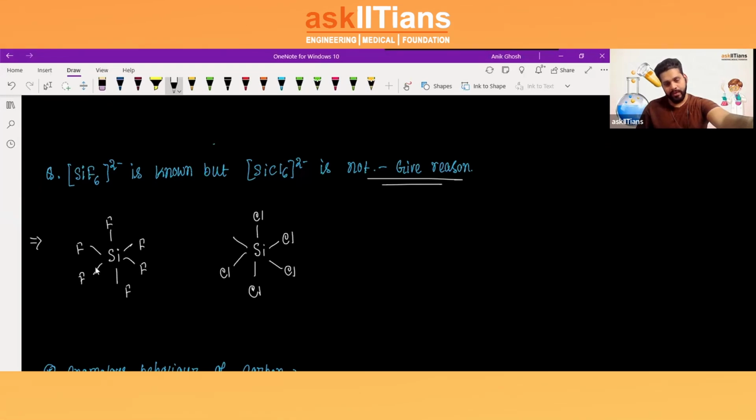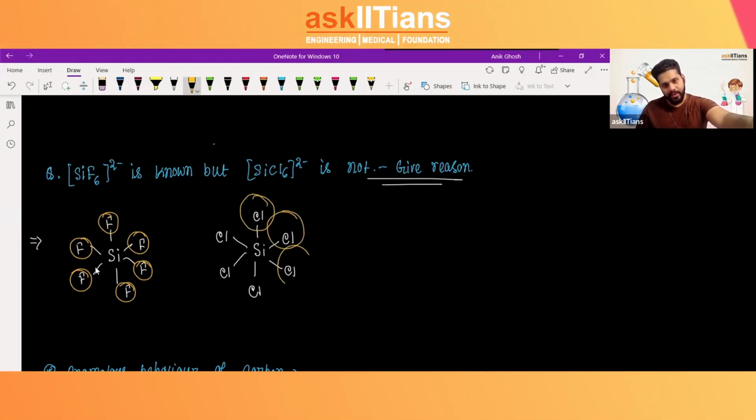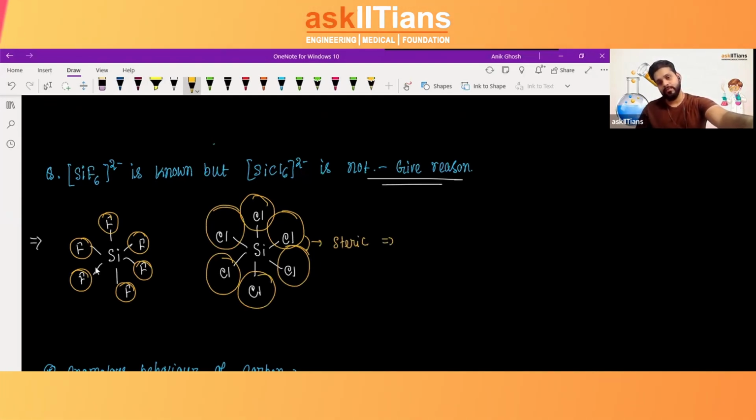So fluorines are small atoms, and here the steric effect is not that predominant, but chlorine is comparatively bigger. As a result, there's a steric effect working between the Cl atoms. Because of that reason, this compound is not stable. That is the reason behind this.